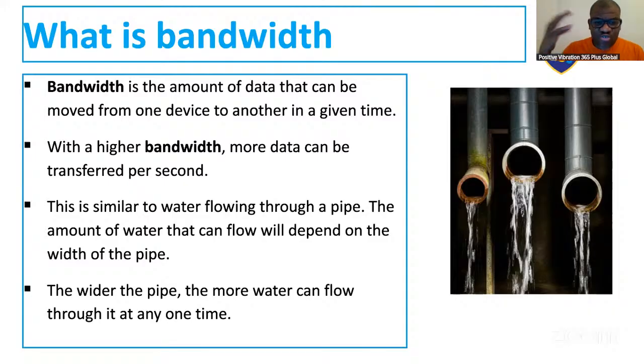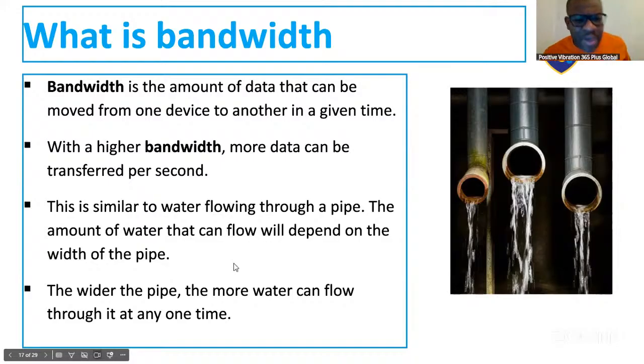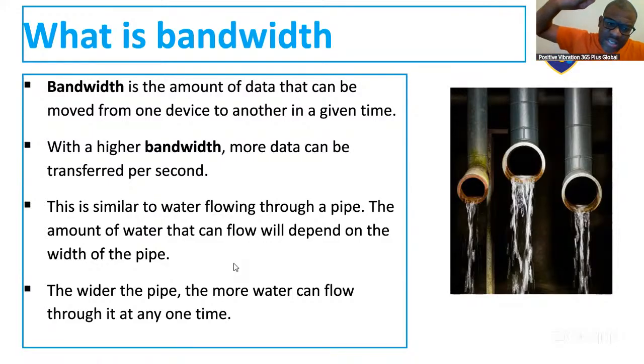You can stream a high quality movie and get access to it much quicker than Jade's grandmother's internet that is just 3G. So when she tries to load up Netflix at her grandmother's, you see it just taking a long time and buffering, because less data is being passed through per second, as opposed to if you have higher bandwidth.